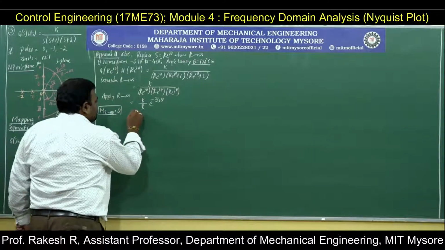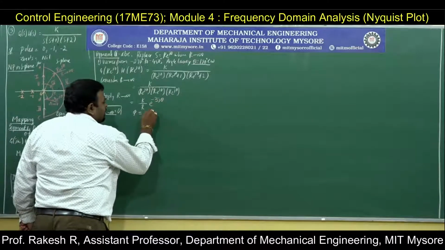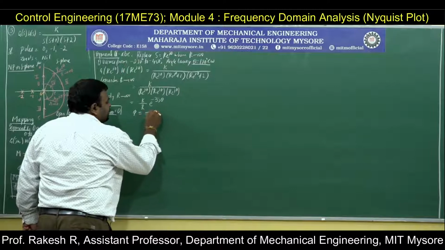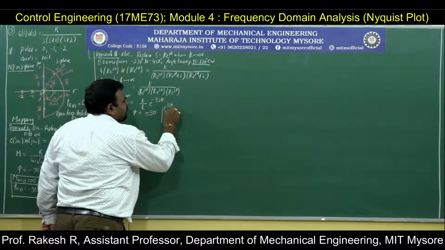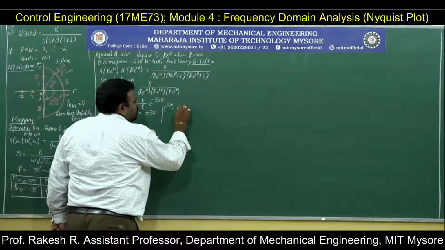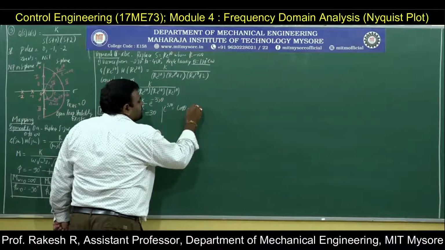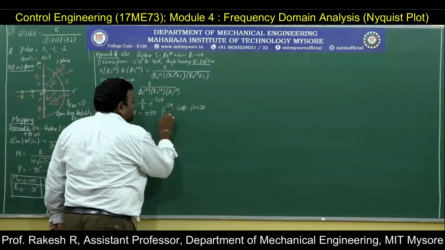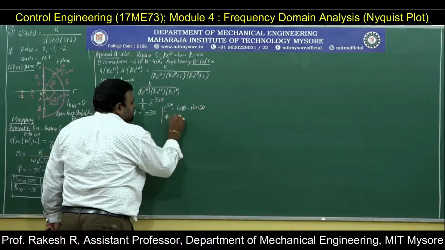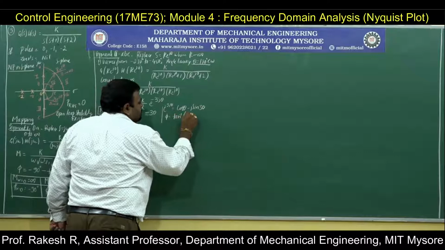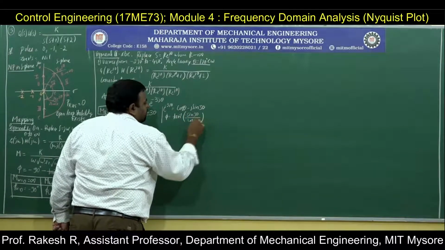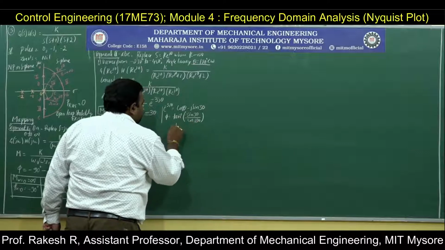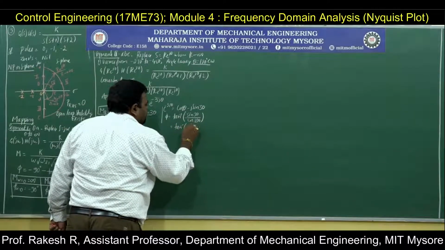Then what is the phase angle? Phase angle is minus 3 theta. How minus 3 theta? e to the power of minus 3j theta can be written as cos 3 theta minus j sin 3 theta. And if we take the phase angle for this, it is tan inverse of sin 3 theta divided by cos 3 theta, tan inverse of minus tan 3 theta.